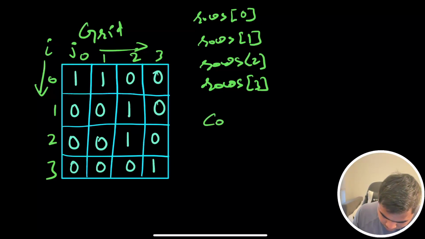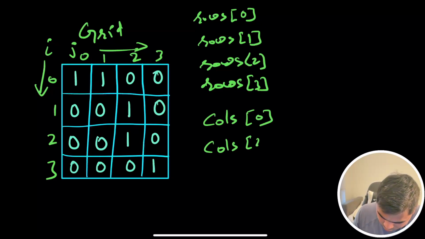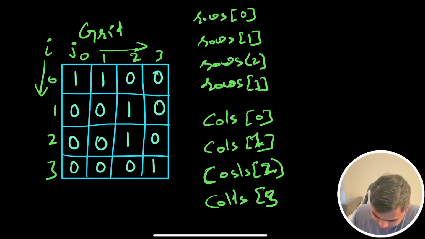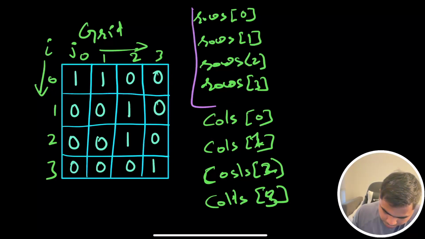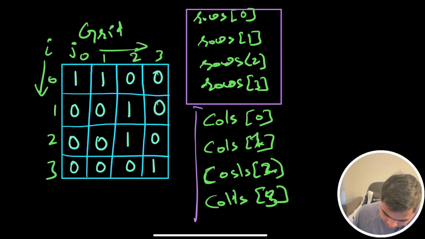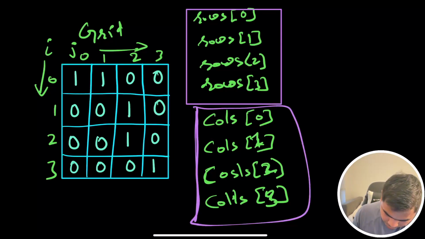So column 0, column 1, column 2, column 3. Okay, these are the two things we care about in my first pass.